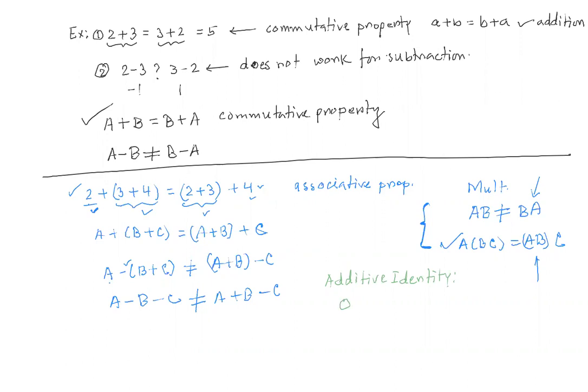If you take a number and you add 0 to it, it's the same number. So let's say 5 plus 0 is the same as 5, or 7 plus 0 is the same as 7. So 0 is the additive identity.